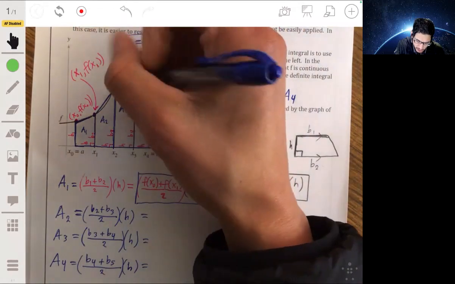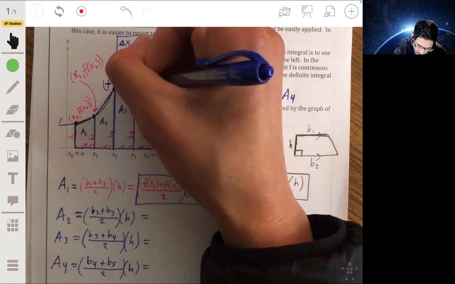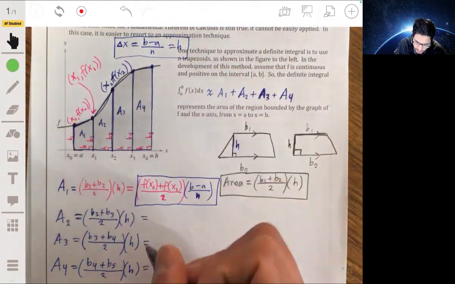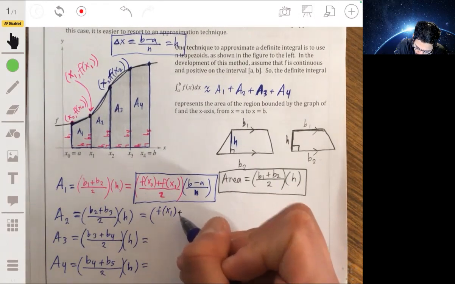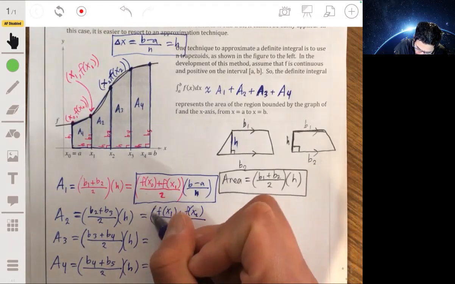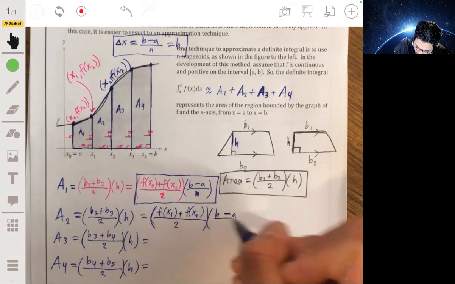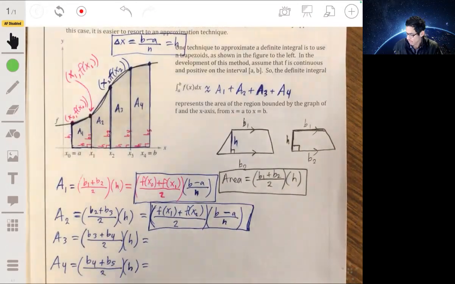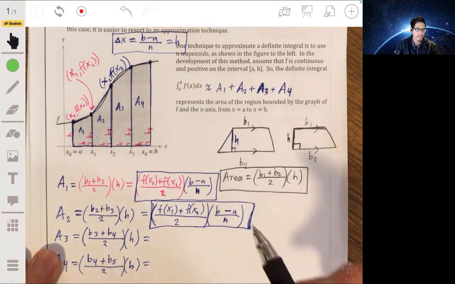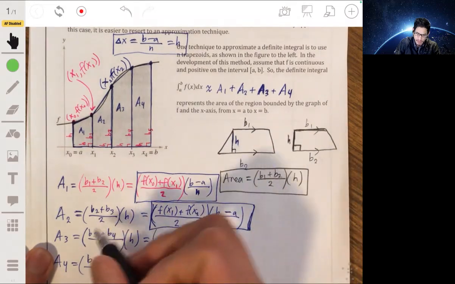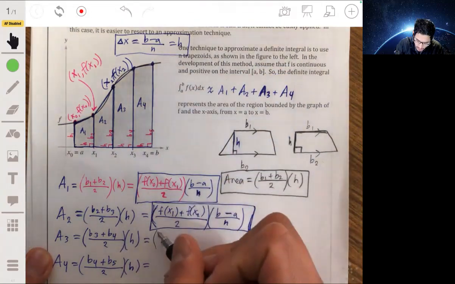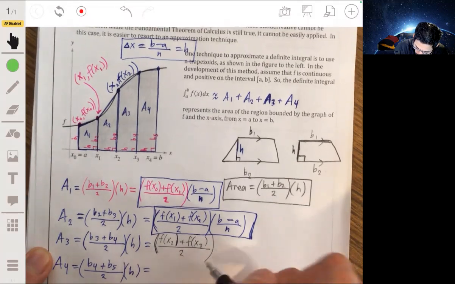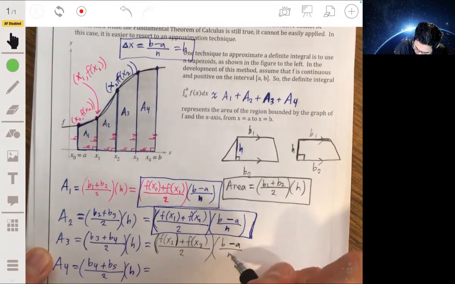Now B3 will be this point here. It'll be at x2, f of x2. It's a little messy, but this will be f of x1 plus f of x2 over 2 times again b minus a over n. And we essentially keep on applying the same idea. A3 will be f of x2 plus f of x3 over 2 times b minus a over n.